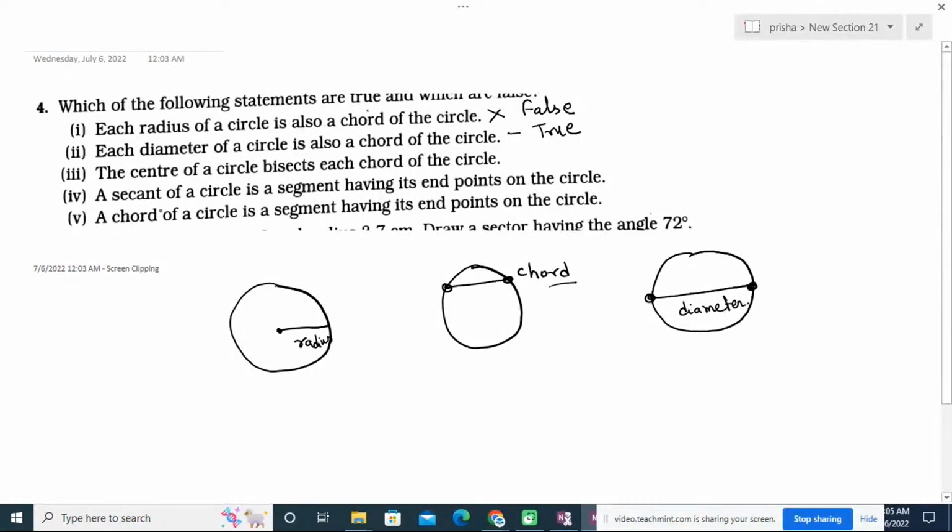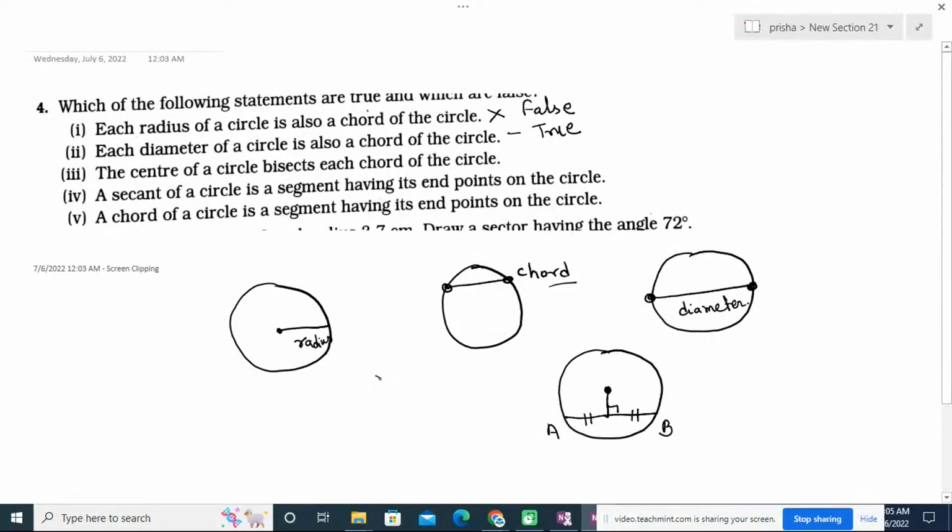Center of a circle bisects each chord of a circle. This is an important property. I am not explaining you earlier. For example, this is the center of circle and this is the chord of a circle, A and B. If we draw a line perpendicular on the chord, it bisects the chord in two different parts, equal parts.